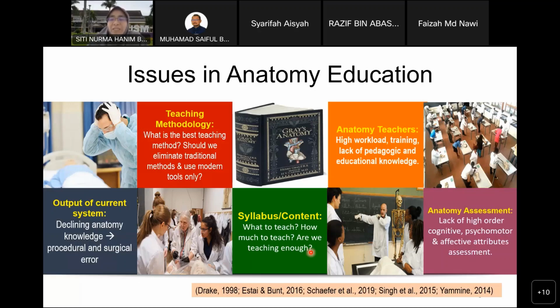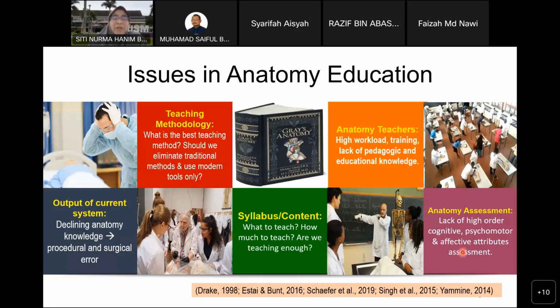And for anatomy assessment, it's very difficult to test for higher order cognitive and psychomotor skills in anatomy exams, especially summative exams, and it's almost impossible to test for affective attributes in summative assessment. So we have to cater for that under formative assessment. So these are among the issues that have been reported worldwide.